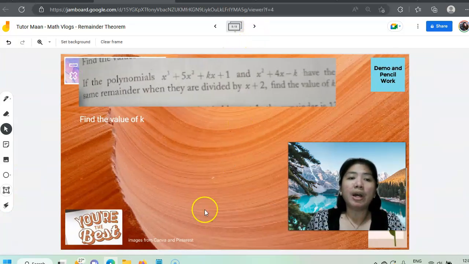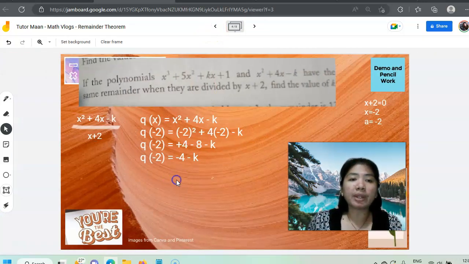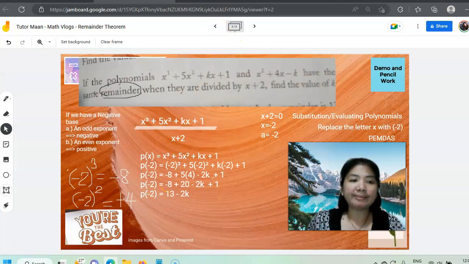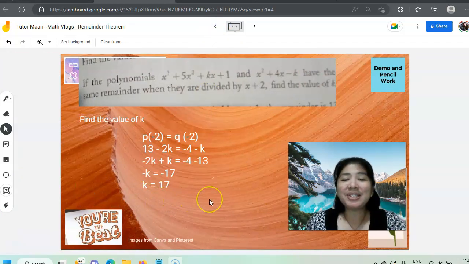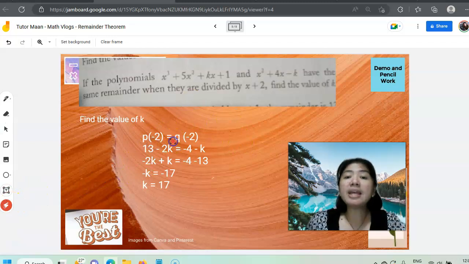Alright, so we are now going to find the value of k. The problem says here that the remainder of the first polynomial is equal to the remainder of the second polynomial. So we are just going to equate the remainders. So we have 13 minus 2k equals negative 4, negative k.